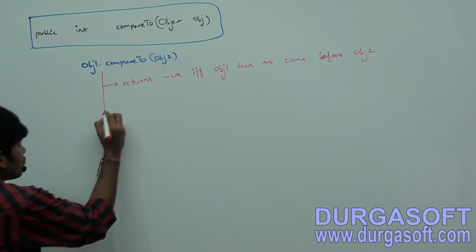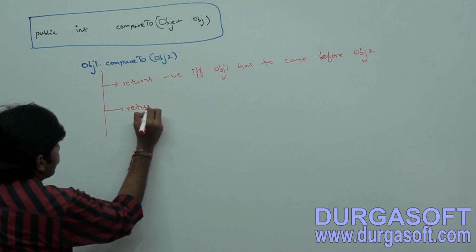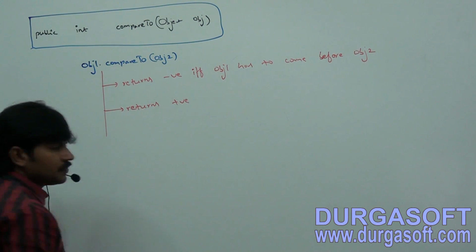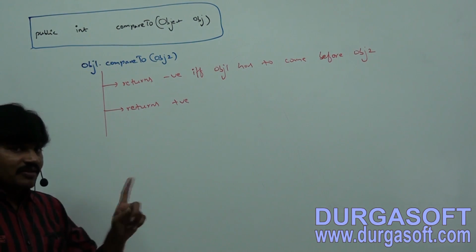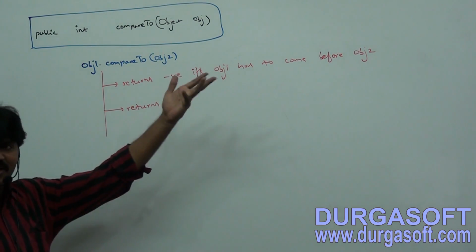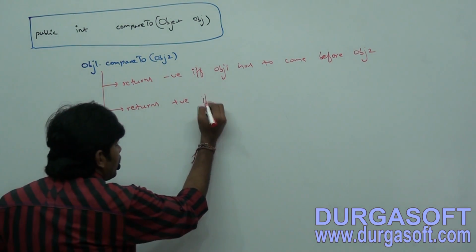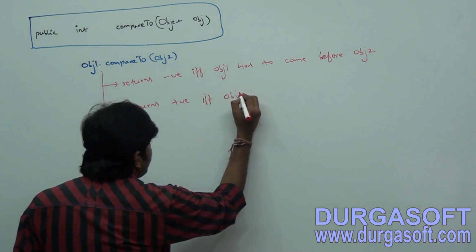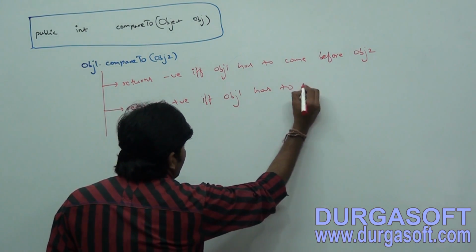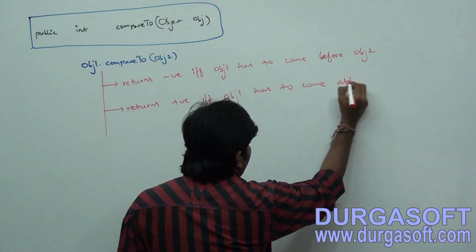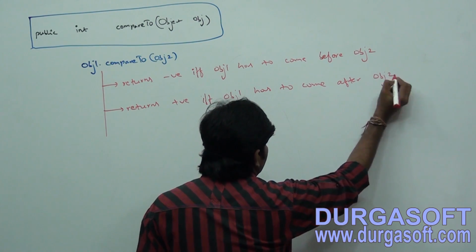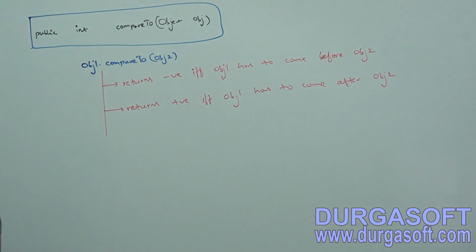Next, it returns positive if and only if obj1 has to come after obj2. Positive means after, negative means before.